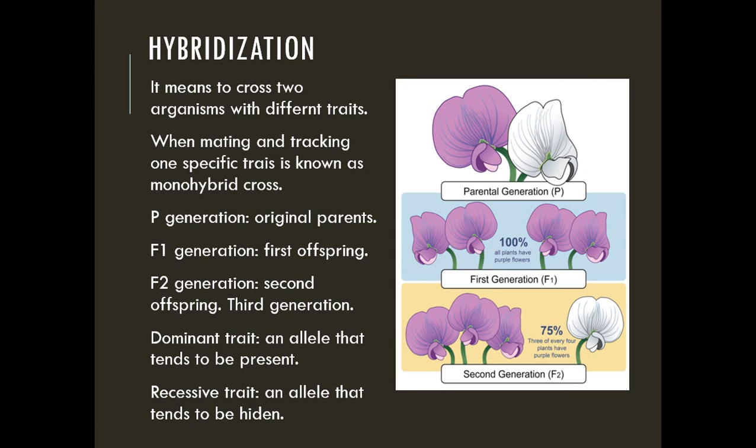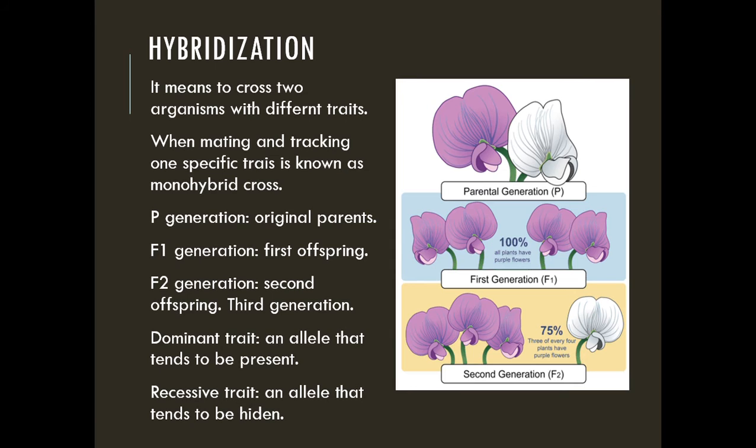In white. Okay, now let's analyze the following generation, which is the F1 generation. And just like you can notice, 100% of them are purple flowers. So, what happens to the white gene? Why isn't it present? Well, right here we're going to analyze what a dominant trait is and what a recessive trait is.